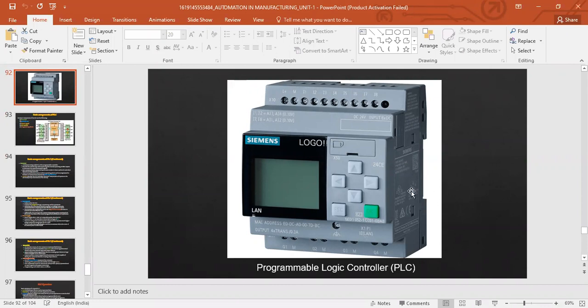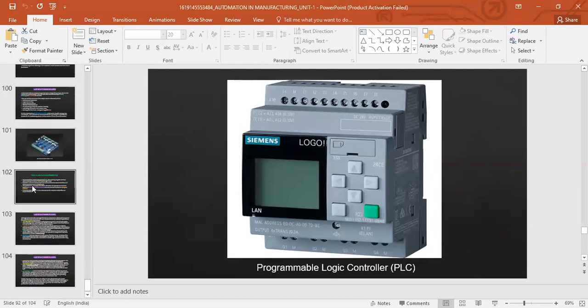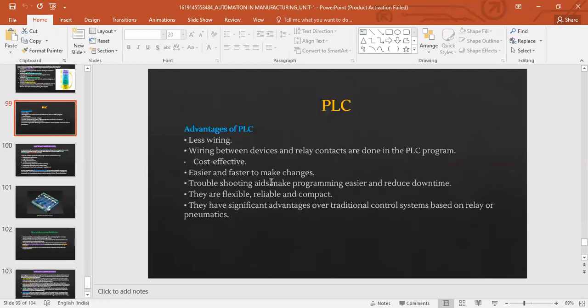Either you can change it right when you have connected it, dynamically, or you can change it in your programming software and then connect it and download or insert that program in here. So that is why we say that we have easier and faster means to make the changes.